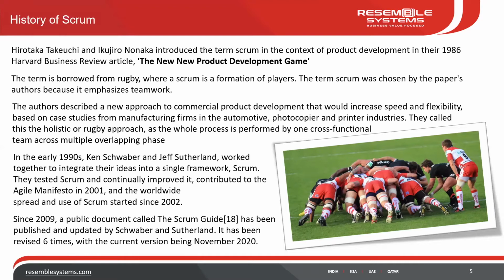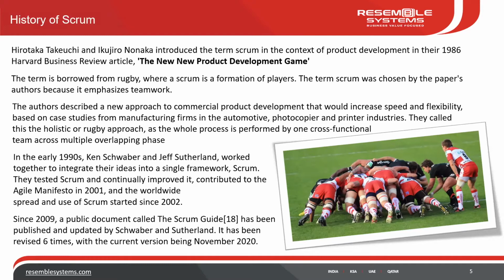And then in 2001, like we discussed in the last webinar, the Agile conference happened, where the manifesto came out, and the world came to know that there's a way of doing things better. They were among the founding members of the Agile manifesto. That's when Scrum came into the picture. In 2002, Scrum was widely adopted.